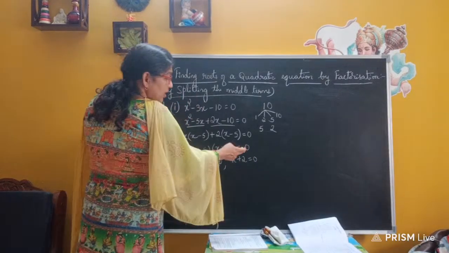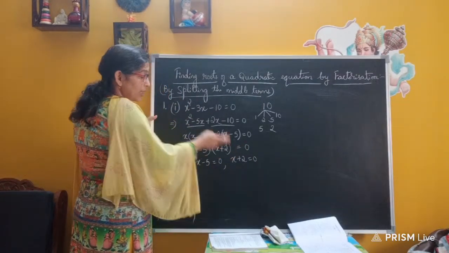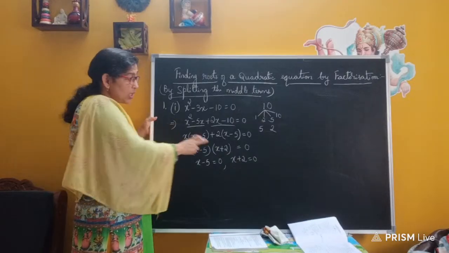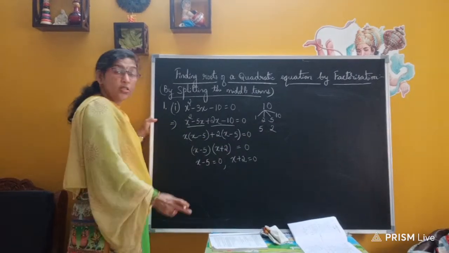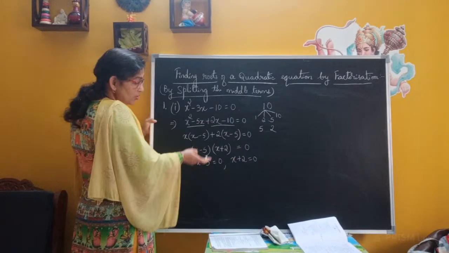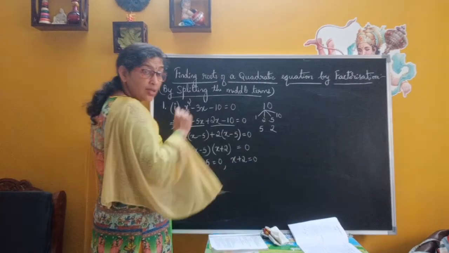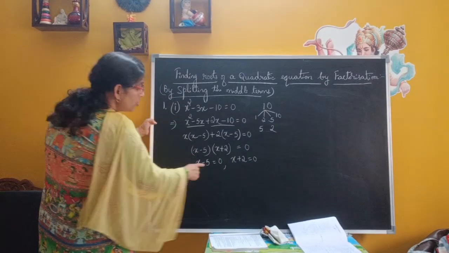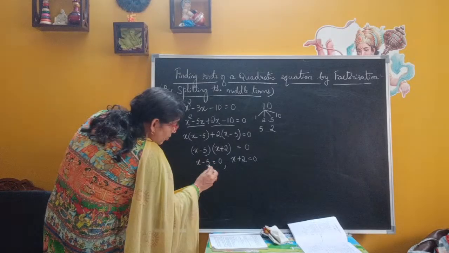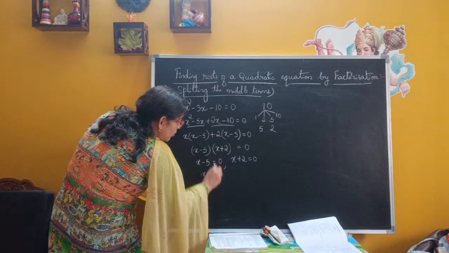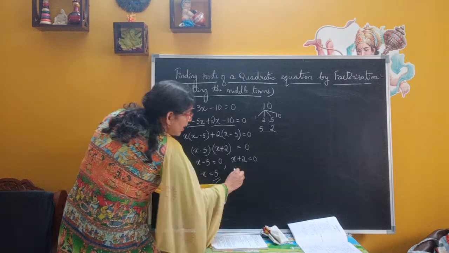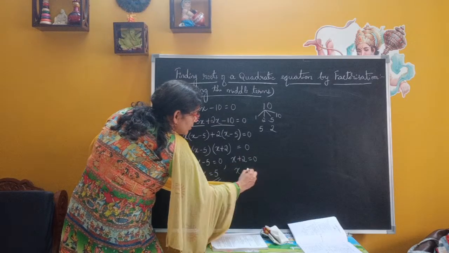Because to get 0 here, either this or that must be 0. If any one is 0, it is possible to get 0 here. Now solve this. When you transpose, minus 5 becomes plus 5, so x is equal to 5, and here we get x is equal to minus 2.